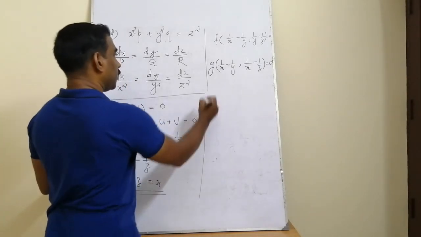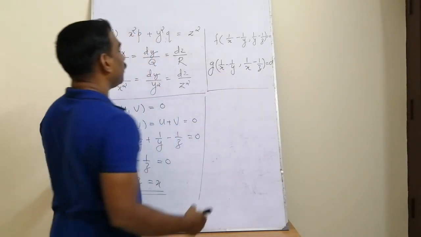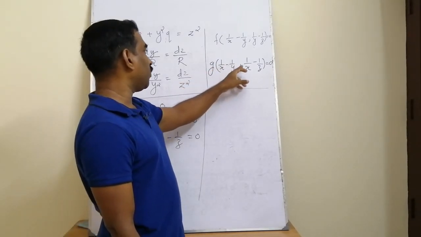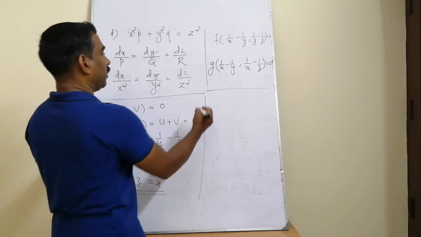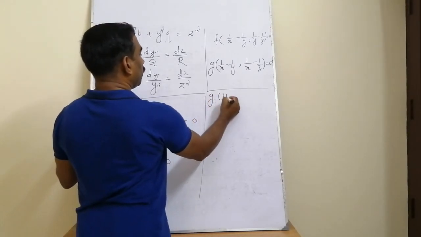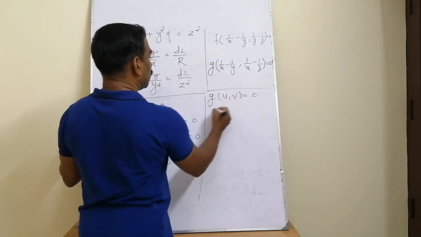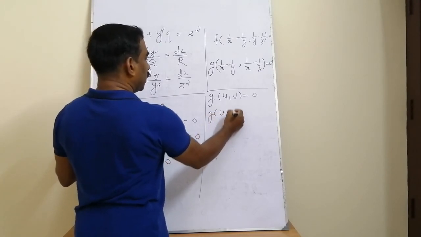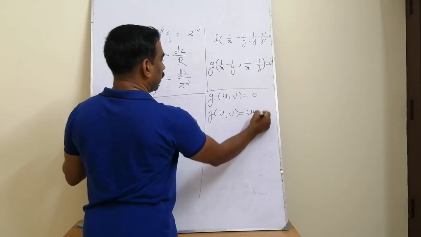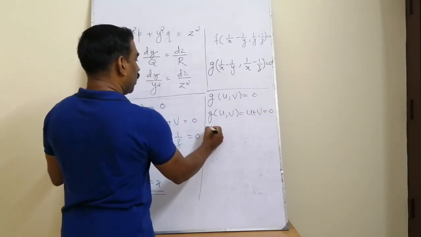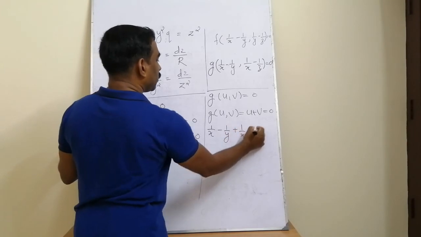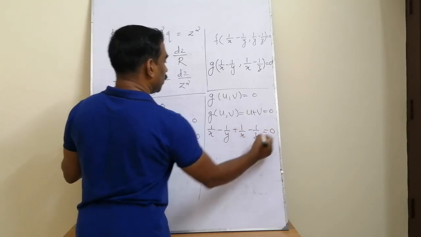Similarly, in this G format, that means the second set of general solution, G of 1 by x minus 1 by y, 1 by x minus 1 by z equal to 0. Suppose again we are taking G of u, v is equal to 0, where G is an arbitrary function. By fixing this arbitrary function as G of u, v is equal to u plus v, then what happens? 1 by x minus 1 by y plus 1 by x minus 1 by z equal to 0.